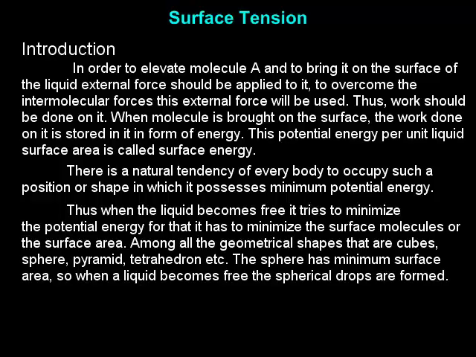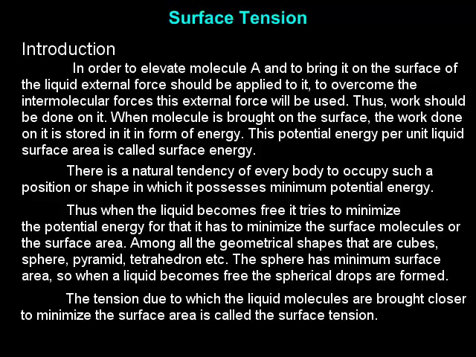Among all the geometric shapes that are cube, sphere, pyramid, tetrahedron, etc., the sphere has minimum surface area. So, when a liquid becomes free, the spherical drops are formed. The tension due to which the liquid molecules are brought closer to minimize the surface area is called surface tension.